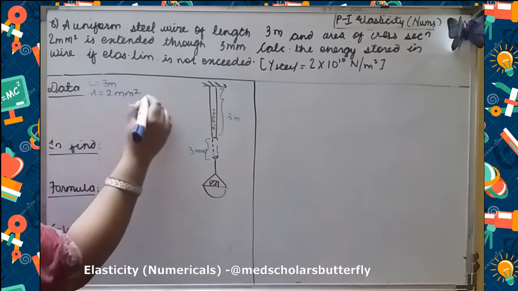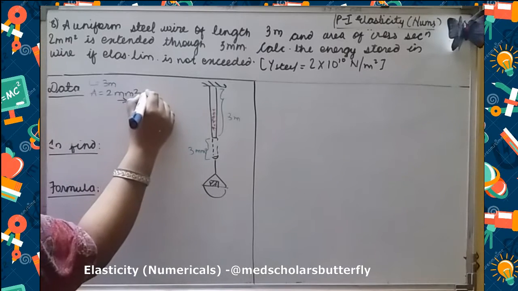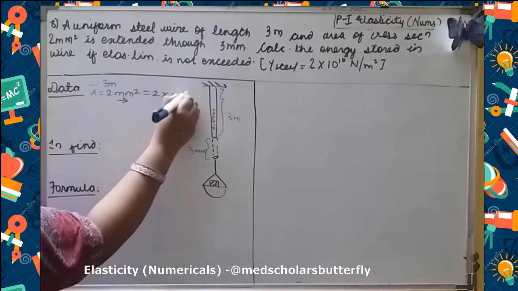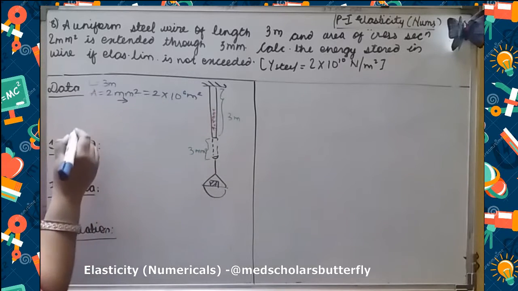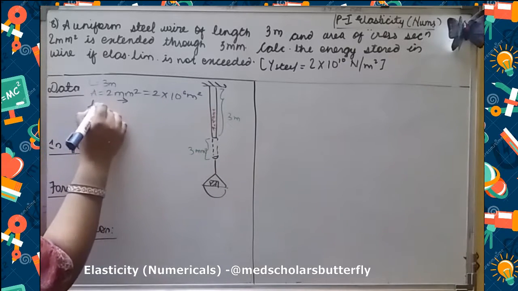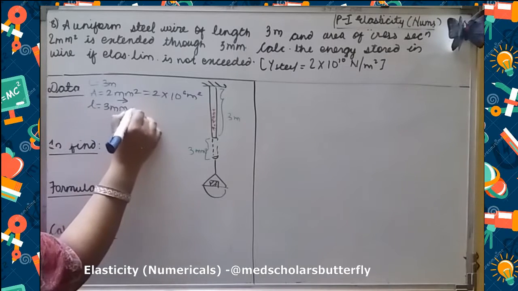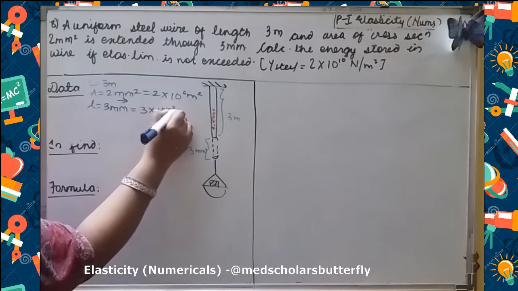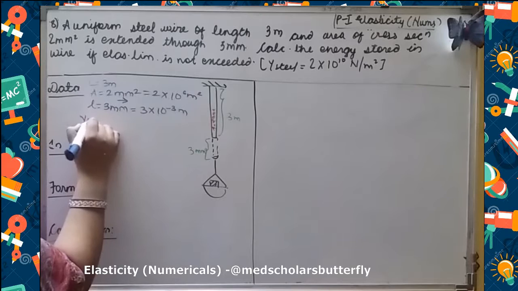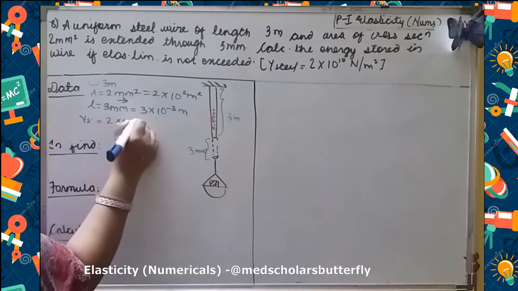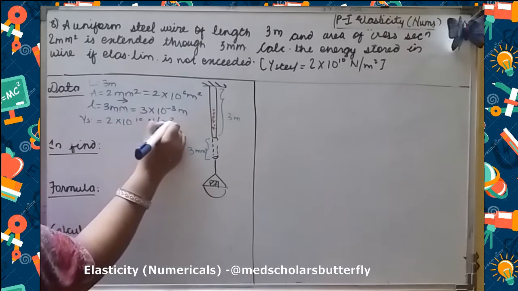We will convert this into meter. So this will become 2 into 10 raised to minus 6 meters square. Extension l is equals to 3 millimeter. Again 3 into 10 raised to minus 3 meter. Y steel is given 2 into 10 raised to 10 Newton per meter square.